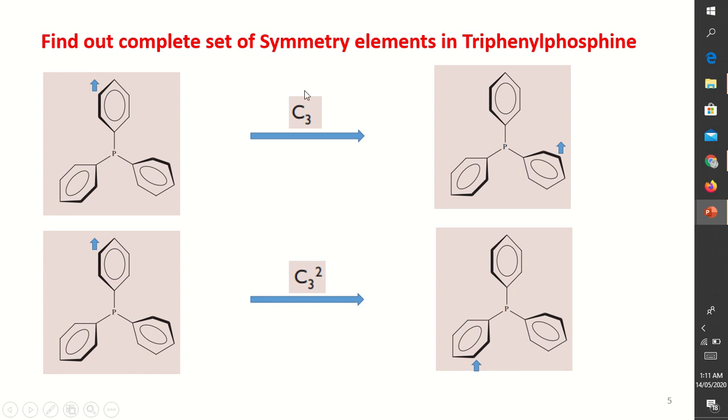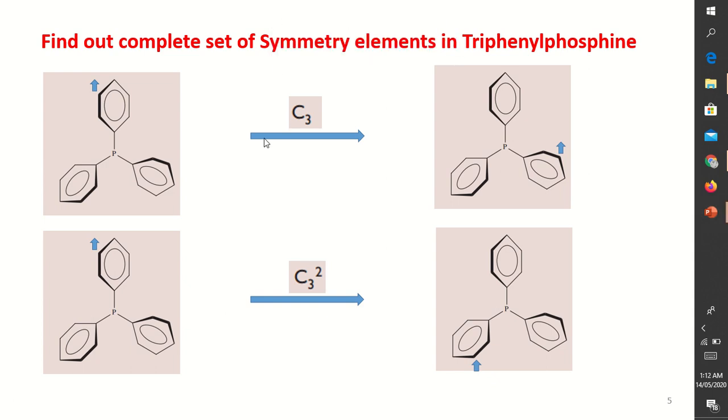And what will happen if we apply C3 twice? For example, we have applied C3 one time and we get the result like this. So what will happen if we apply C3 again to this product? The result would be like this one, with the arrow on the upper side. So we can directly perform C3 twice, and we will get the result like this.